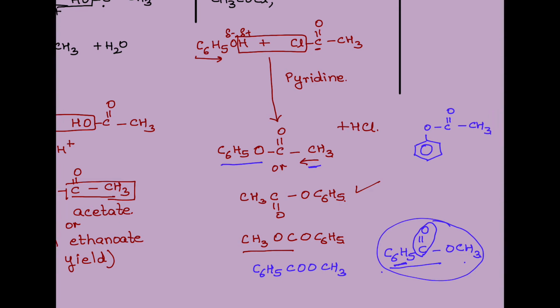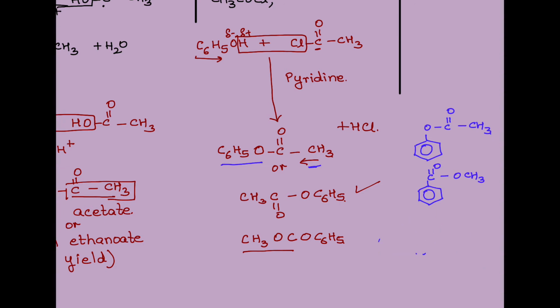Whereas when I'm showing the structure like the second one, then I'm saying it's C double bond O, OCH3. Understand the difference? So be very, very careful when you are forming the products. Got it? Have you written it down?